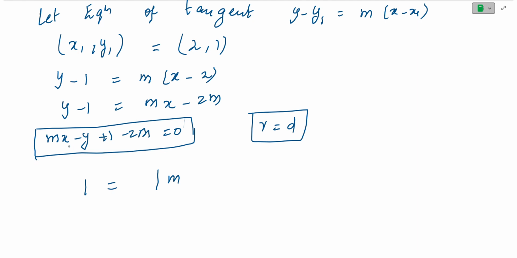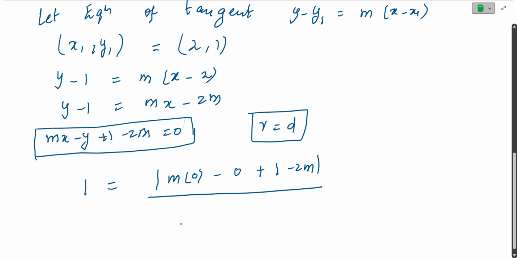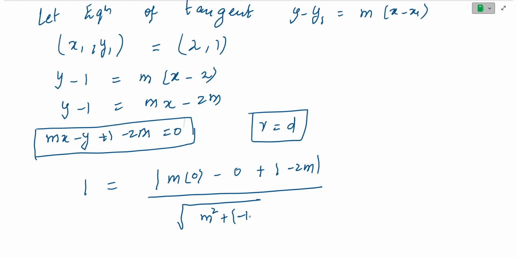I am substituting 0 in the place of x and 0 in the place of y, plus 1 minus 2m, whole divided by under root of the x coefficient, that is m square plus the y coefficient, minus 1 whole square.